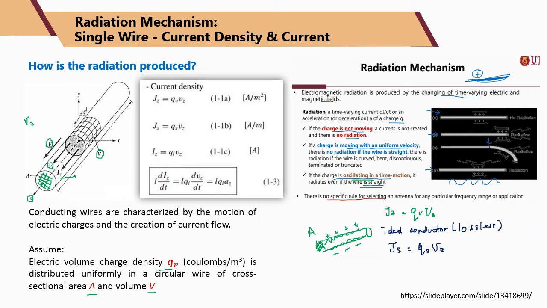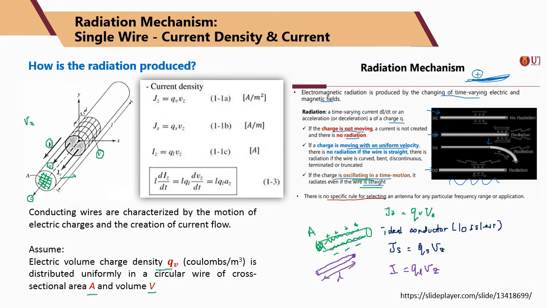Okay, and for a very thin wire in which the radius is almost 0, and this is the length L, we can estimate the total current I equal to Ql, the line charge, multiplied by the velocity. Okay, so for radiation to occur, we need to consider the time variation, in the time domain or in time motion.